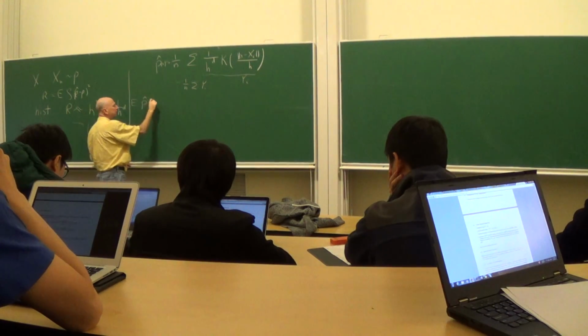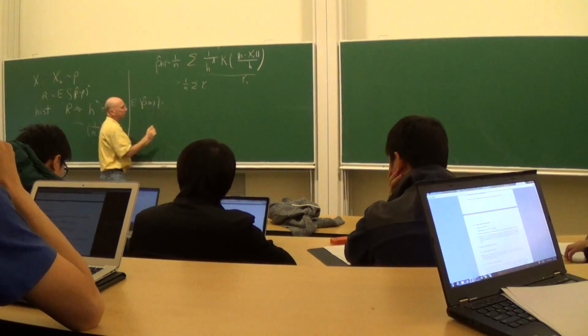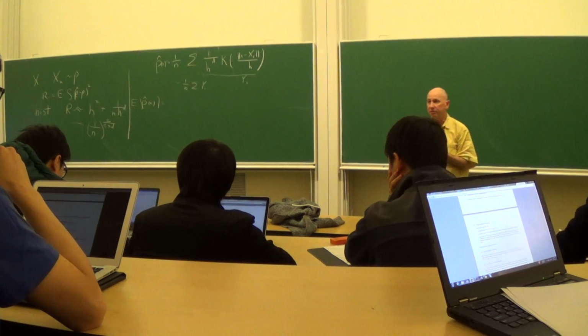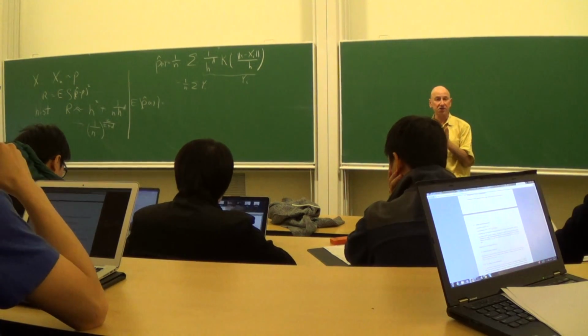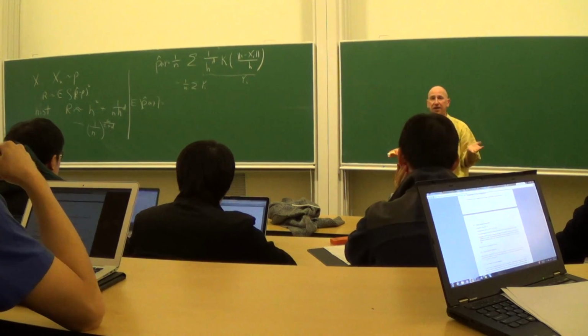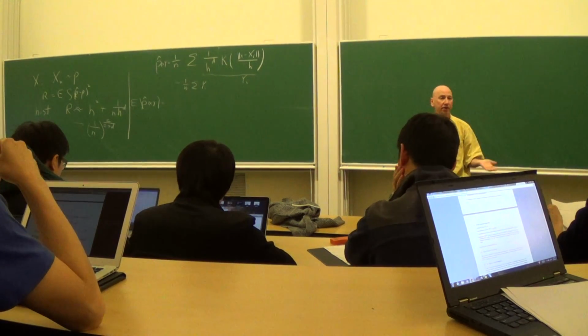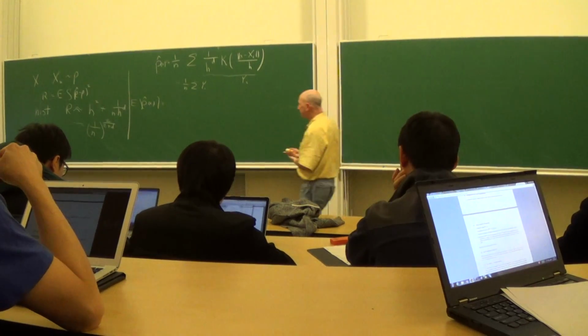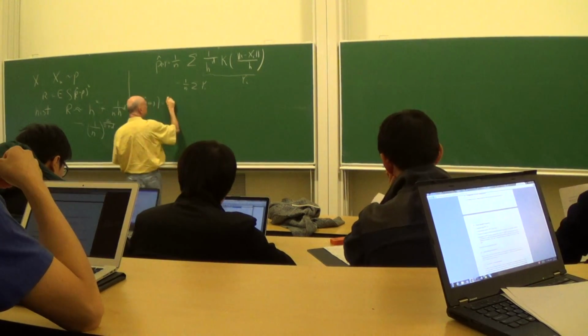Computing the mean: what's the mean of an average? The mean of an average is the expected value. These are IID, so the mean is just the expected value of any one of them. The expected value of X bar is just the expected value of X1, or X2, or X3. So all I need to do is take the expected value of one of these terms.